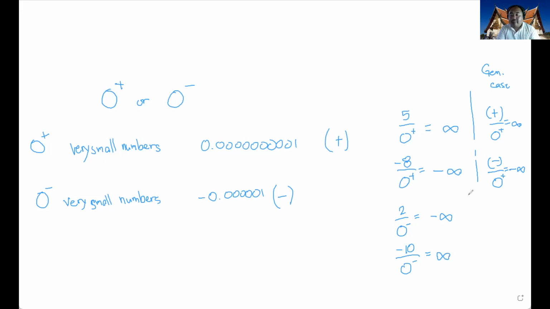Why? Because we can generalize that also. A positive number divided by a small negative number will get me negative infinity, and a negative number divided by a very small negative number will get me positive infinity. All right, so that's for our introduction. We will go to solving problems after this.